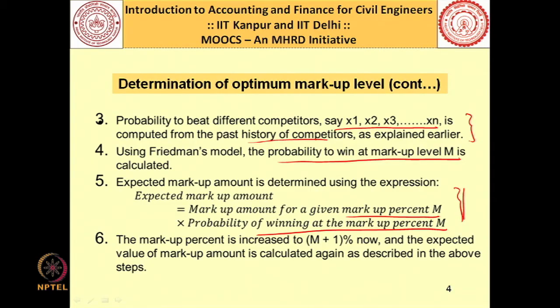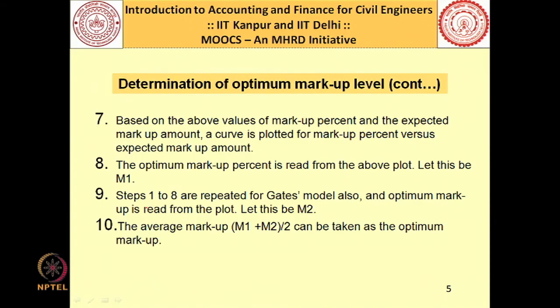Now, having done this, I increase the markup from m to m plus 1, and the expected value of markup amount is calculated again as in step 5. Then based on the above values of markup percent and the expected markup amount, a curve is plotted. This curve will be plotted between which two variables?